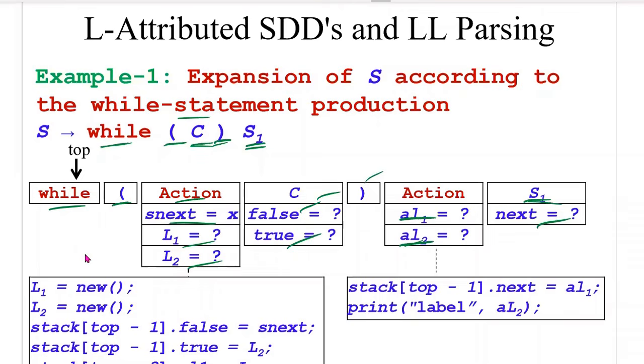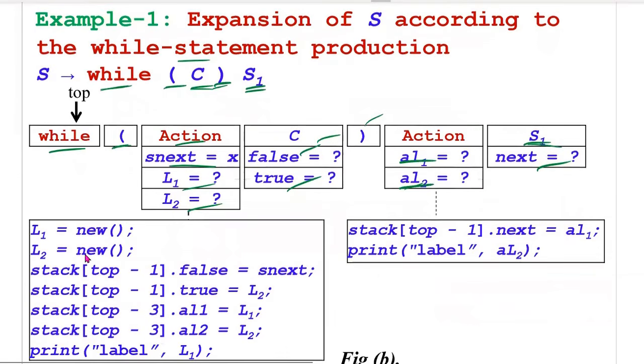Now here we are defining L1 and L2 using the parser stack: L1 equal to new, L2 equal to new, stack[top-1].false equal to S dot next, stack[top-1].true equal to L2, stack[top-3].AL1 equal to L1, stack[top-3].AL2 equal to L2, then print label L1. So this is connected to this action, that is L1 L2. Then for AL1 and AL2: stack[top-l].next equal to AL1, then print label AL2.